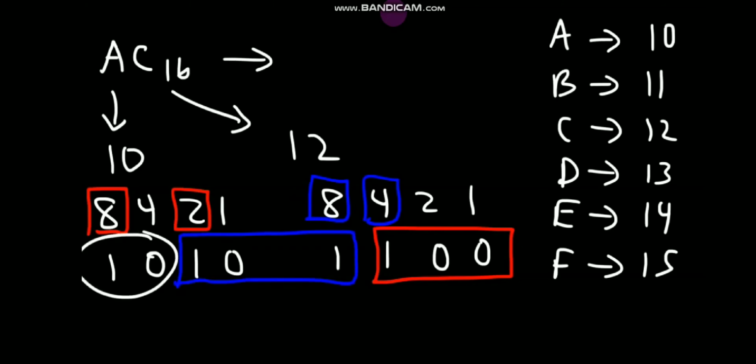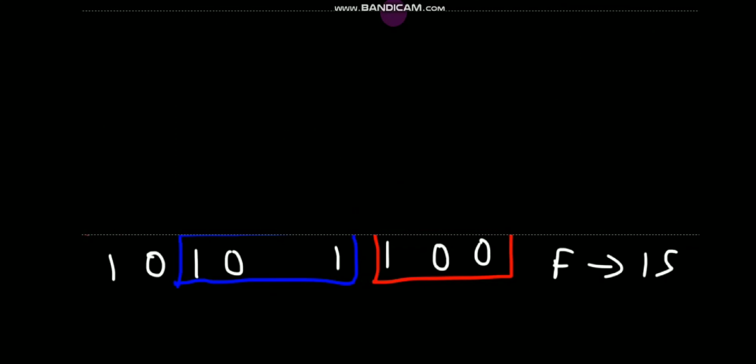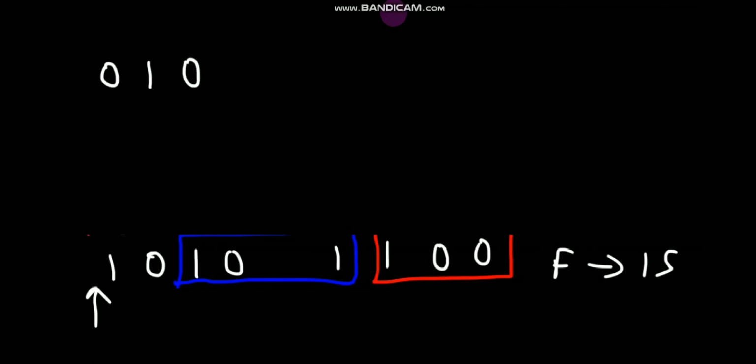Now you can see here 1 0 is there, so we will add a 0 by ourselves. So we will write 0 1 0, 0 1 0 1 0 1. Then we will write 100.